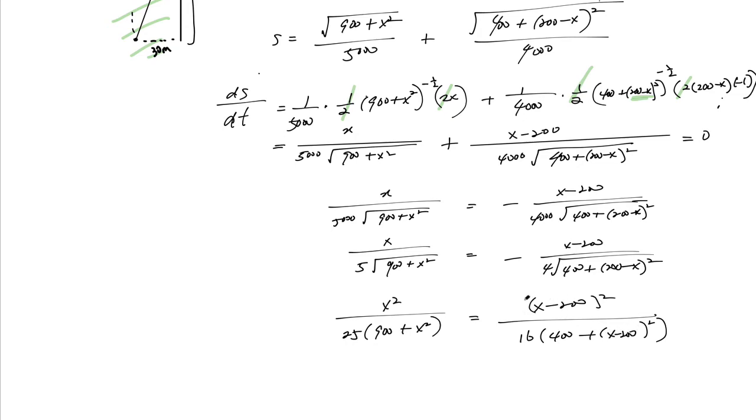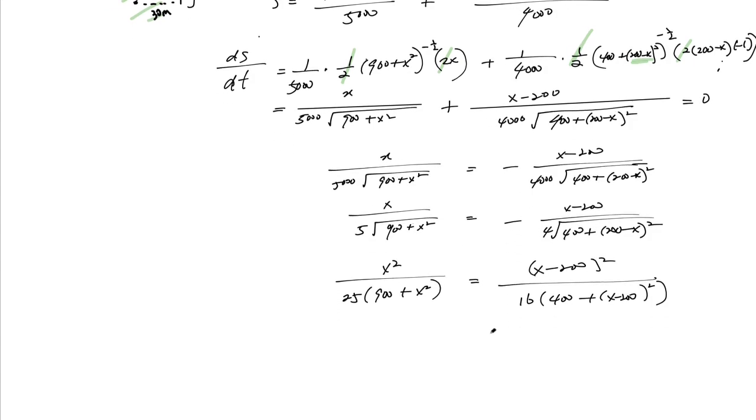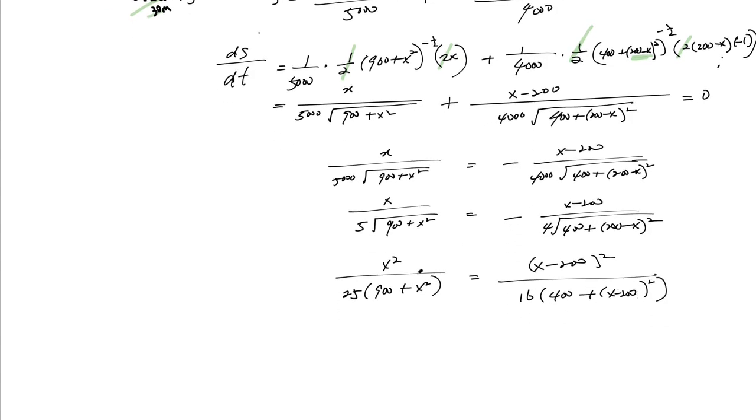If you have x minus 200, 200 minus x is just the negative of that. So if you square it, you end up with the same thing. So if you cross multiply, you get 16x squared and 25 times 900 plus x squared.